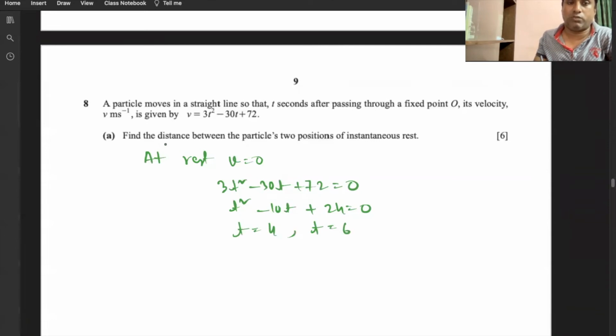Now we are going to find the distance between the particle's two positions of instantaneous rest.